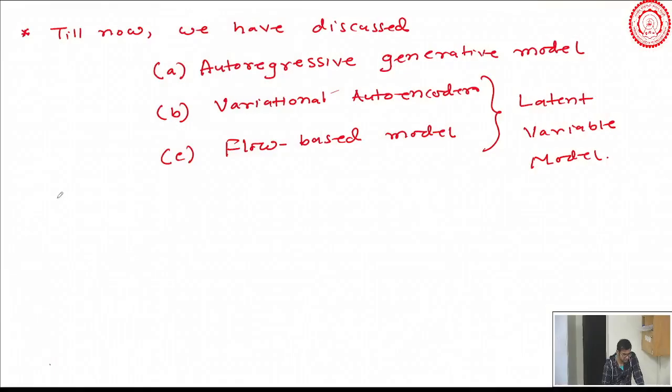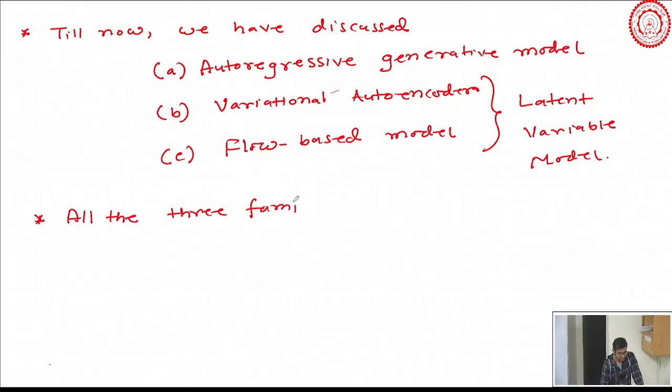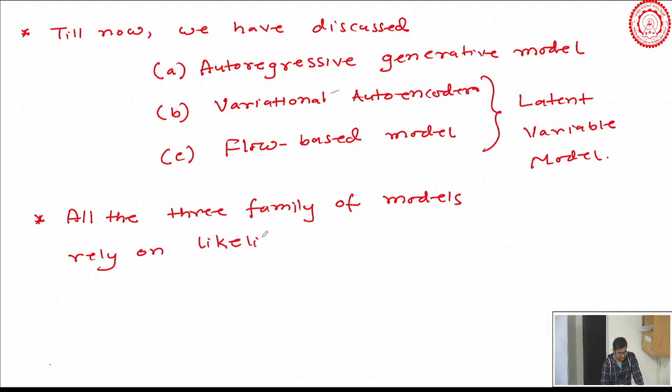So all the three families of models rely on likelihood, log likelihood. ELBO is again over likelihood, so it relies on this.